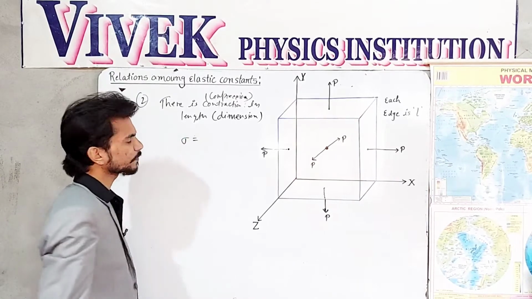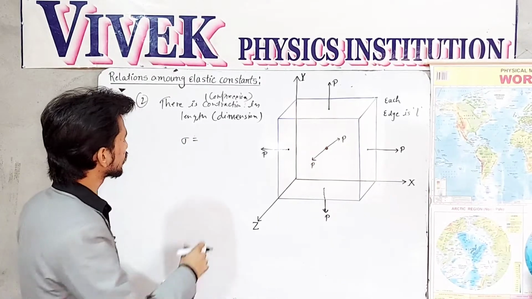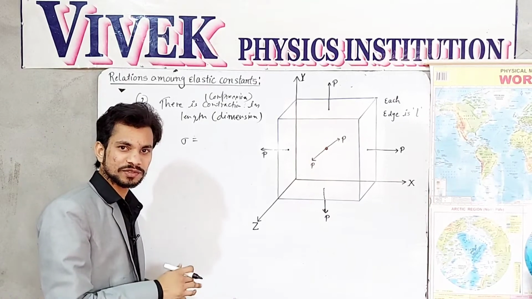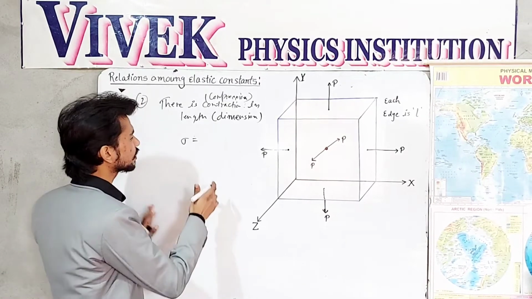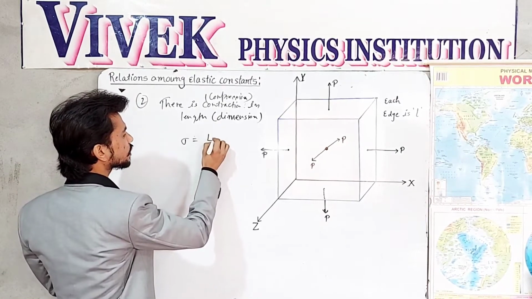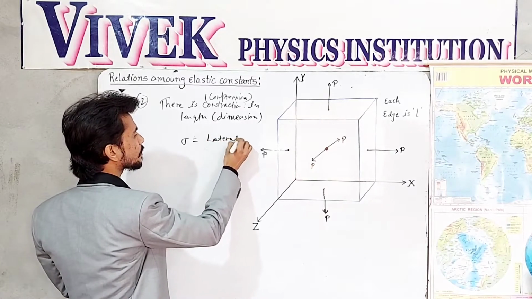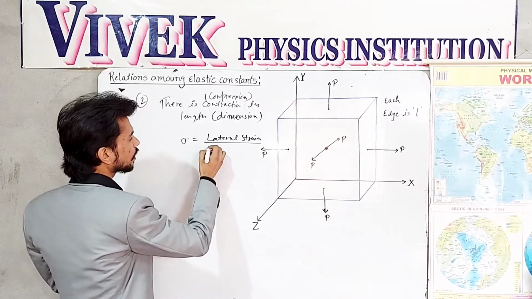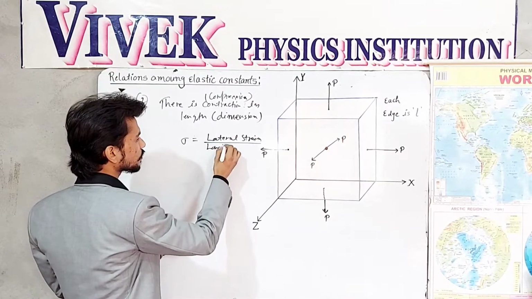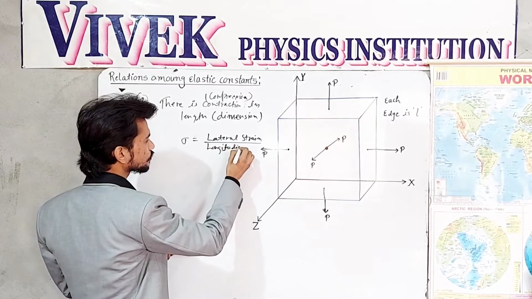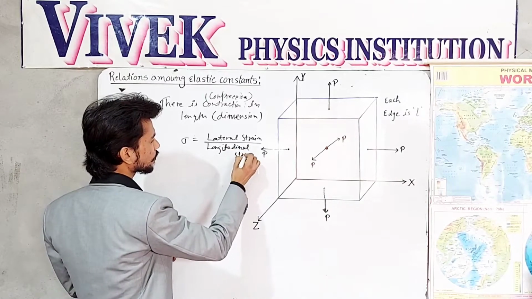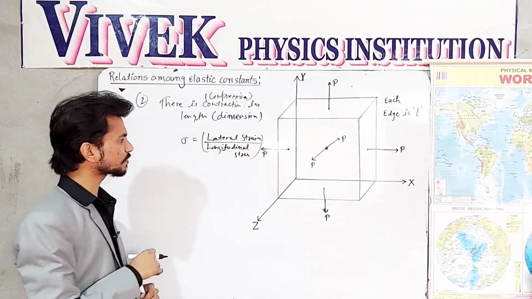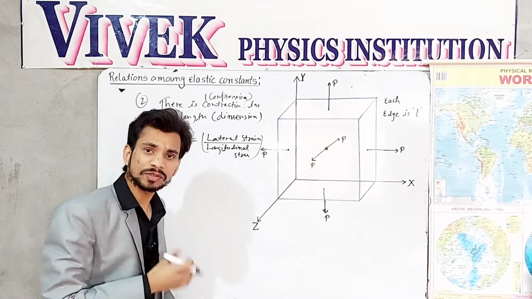The Poisson ratio was the ratio of strains under different kinds of conditions, and this was the lateral strain over the longitudinal strain. This is what we discussed about the Poisson ratio.